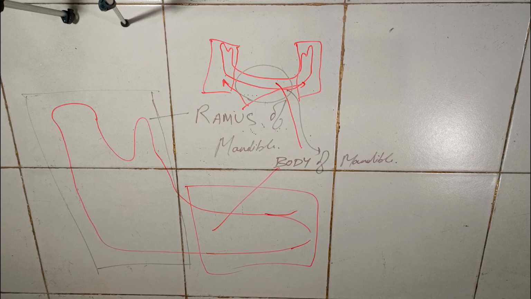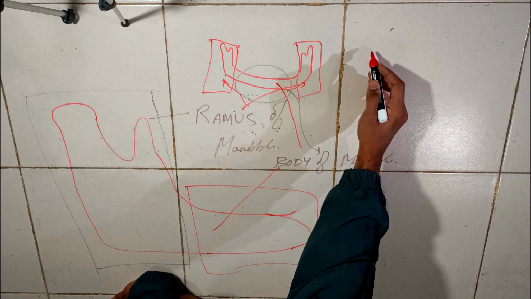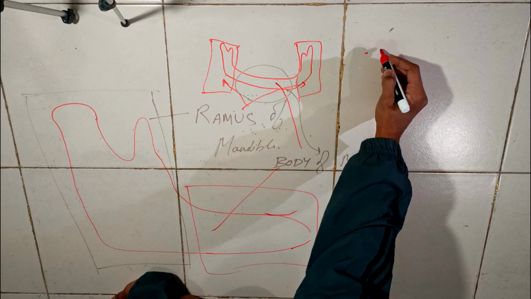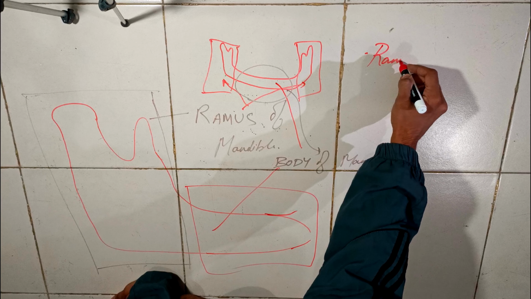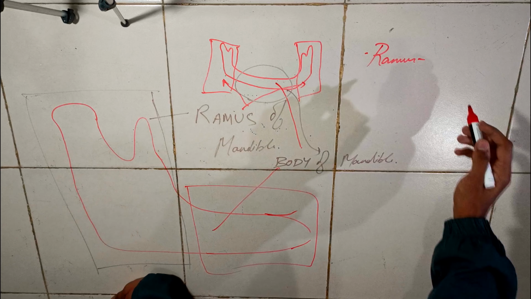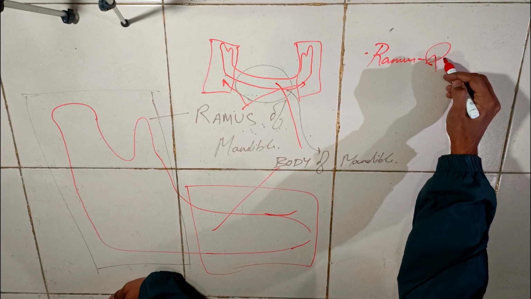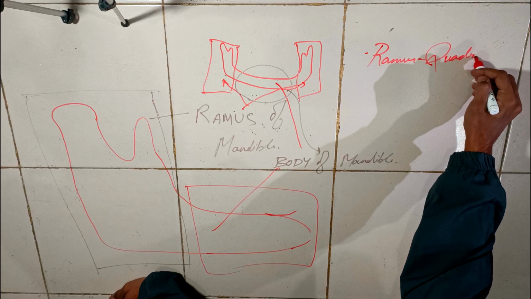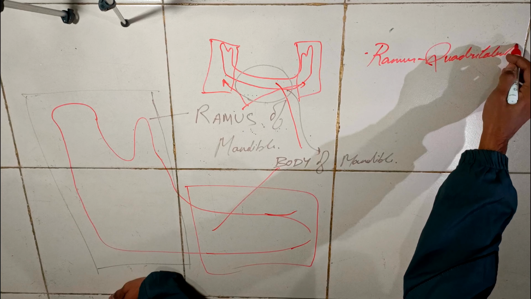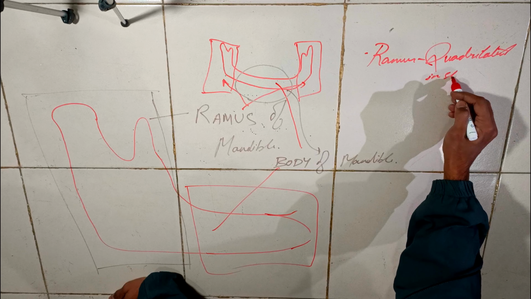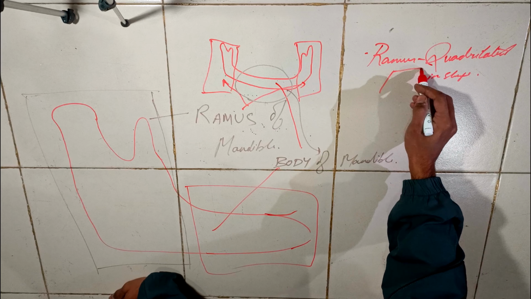The ramus is quadrilateral in shape, meaning it has four sides, may be parallel or it may not be parallel.